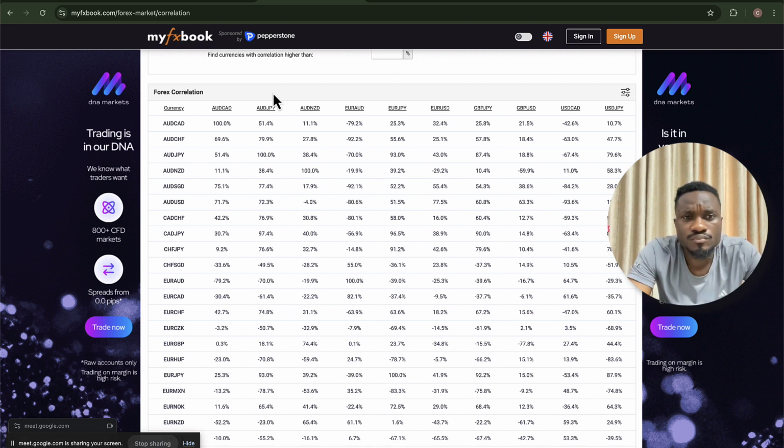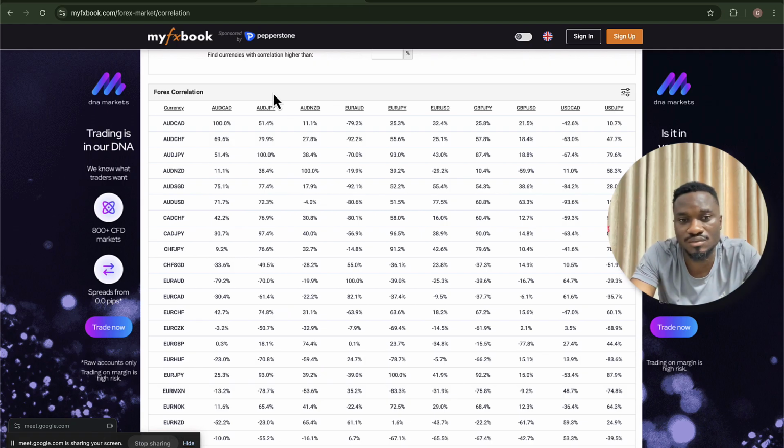Any currency pairs which have 75% net positive are almost correlated, and if they have 100%, it means they are the same. Which means if you are buying a currency pair which is 70% positive to another currency pair, you are trading the same thing.